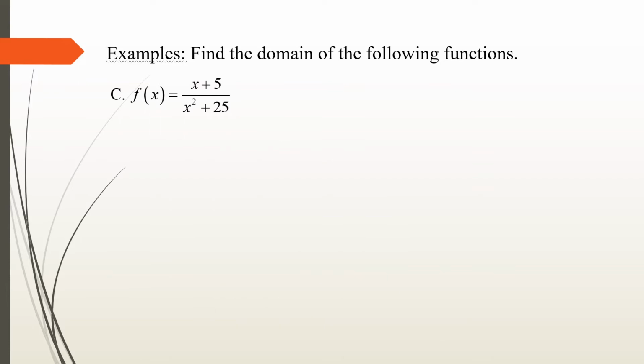And one more here, we're going to take a look at this denominator, x squared plus 25. We're going to say that x squared plus 25 cannot equal 0. Well, this is prime and does not factor, but let's just use the square root property and see what happens. So I'm going to subtract 25 from each side, and I get x squared cannot equal negative 25.